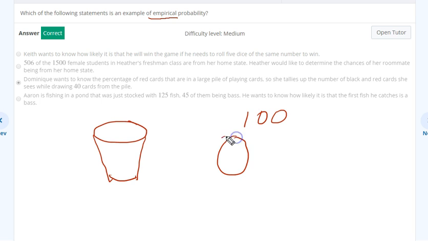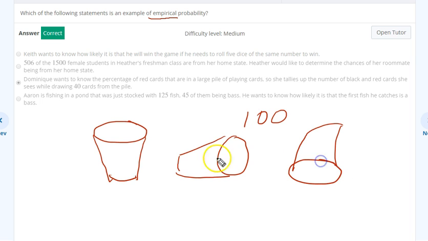Sometimes it will land on its side, and sometimes it will land on its bottom. These are the three kinds of things. So as you say, what is the probability of landing on its bottom, on its side, on its top? You're collecting data. This is empirical data.